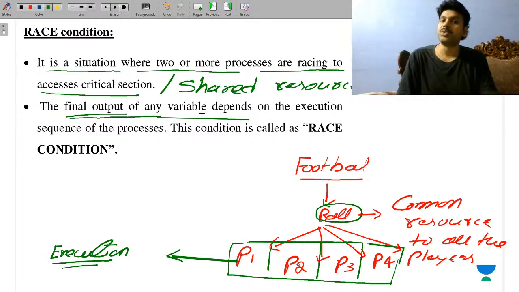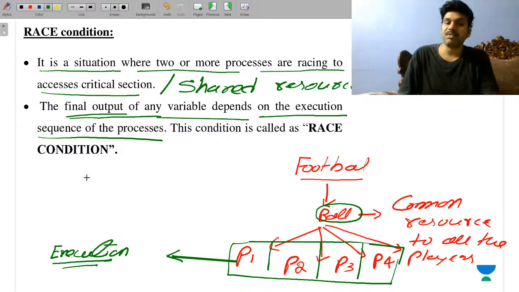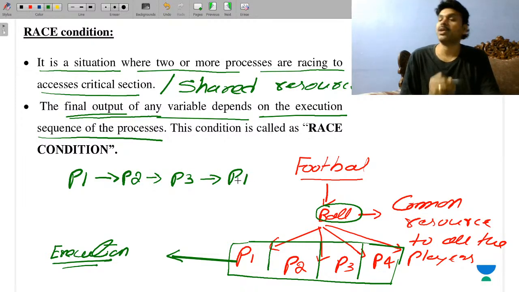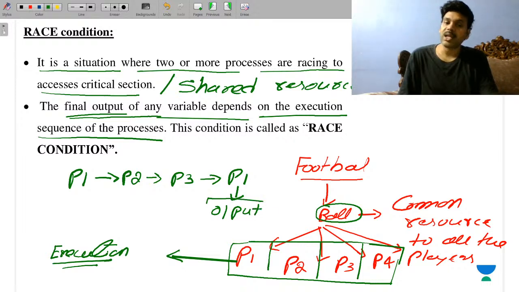The final output of any variable depends on the execution sequence of the processes only. So in that case, if I say process 1 executed first, process 2 next, process 3 next, and process 1 last, now you see your final output is only in the hands of P1.